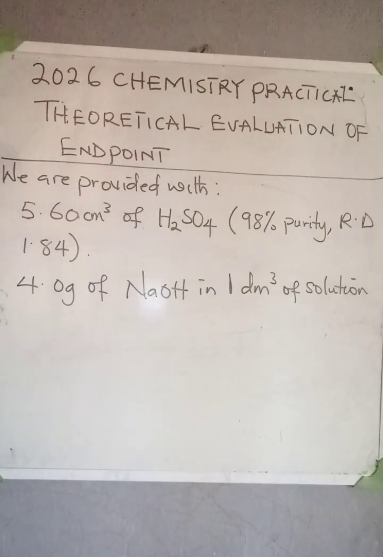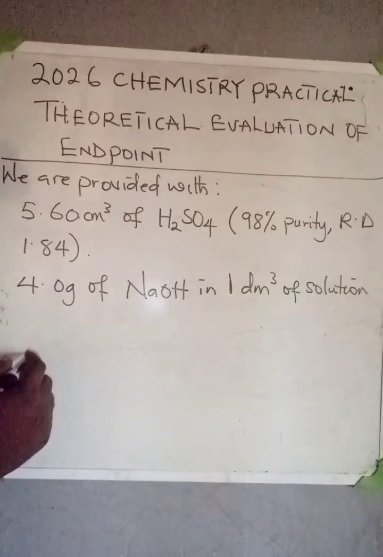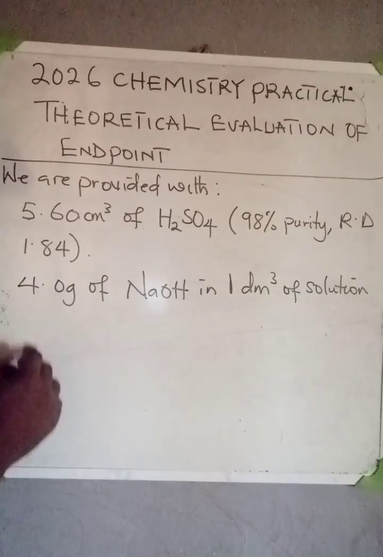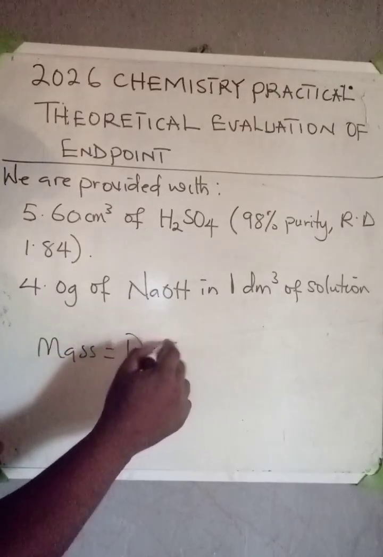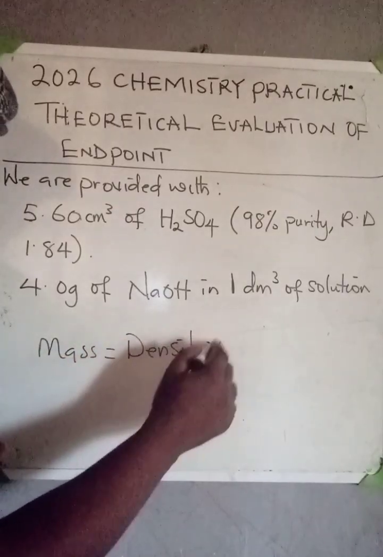We are also given 4.0 grams of the base, which is sodium hydroxide, in 1 dm cube of the solution. So the first step in solving this calculation is for us to find the mass of H2SO4 in the solution. So that can be done using the formula mass equals density times volume.